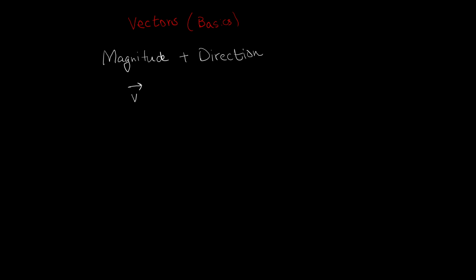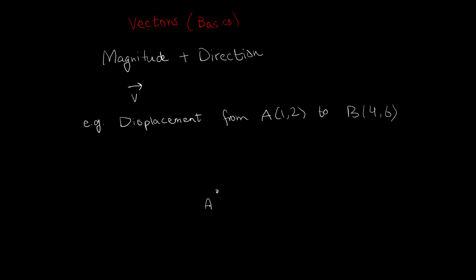For example, as you can see, it tells you that it starts from A and goes to B. Therefore, it has a direction as well as a magnitude, which is the distance between these two points.